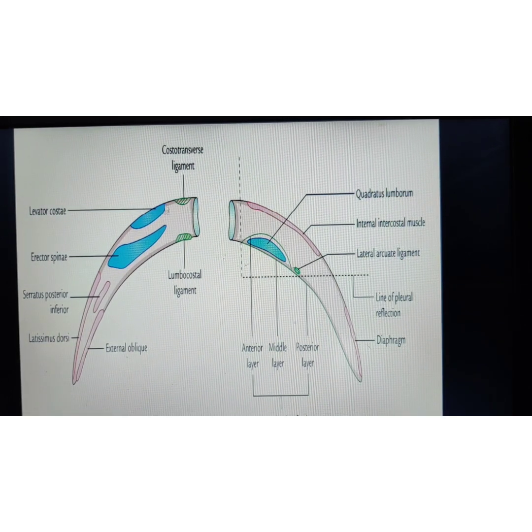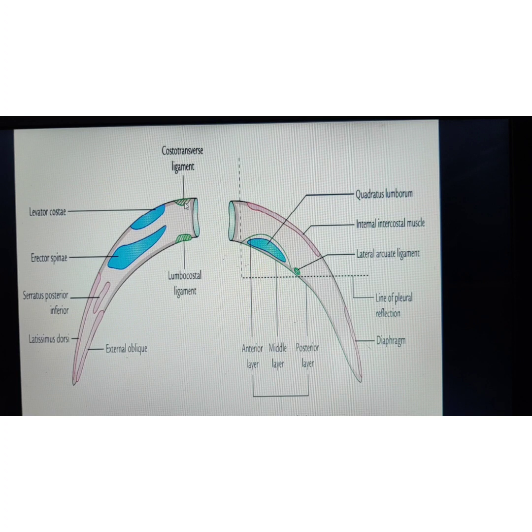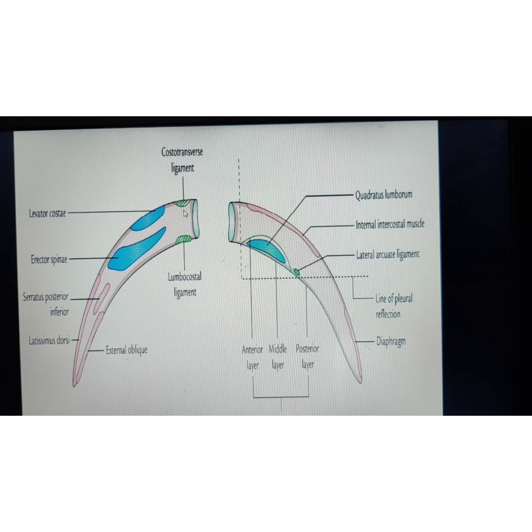Near the medial end of the 12th rib is the attachment of the costotransverse ligament and the lumbosacral ligament. So these two ligaments are attached to the medial end of the outer surface of the 12th rib.